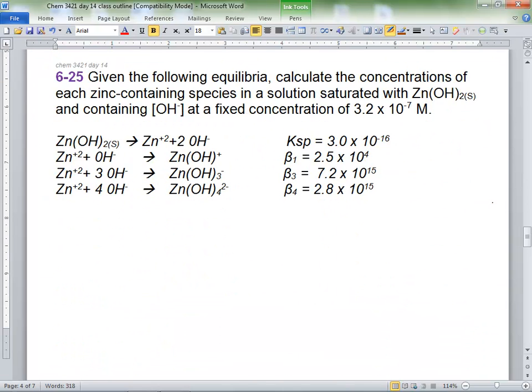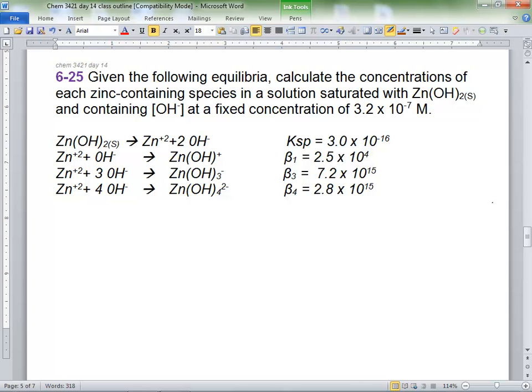Let's see. Given the following equilibrium, here's another good conceptual type question. Oh, let's do this first. Oh no, this is something else. Given the following equilibrium, calculate the concentration of zinc-containing species in a solution saturated with zinc hydroxide solid.